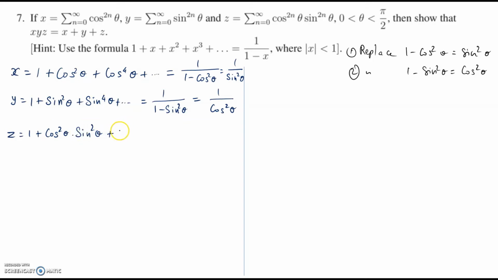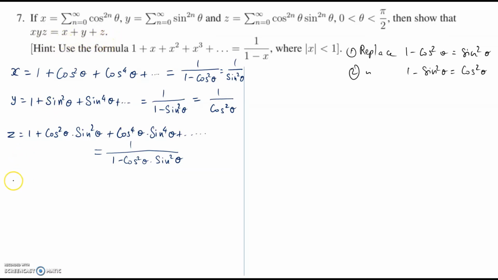Similarly, when n is equal to 2, it will be cos to the power 4 theta, sine to the power 4 theta, and so on. So this can be written as 1 by 1 minus cos squared theta sine squared theta. So that's our z. Now we need to prove that xyz is equal to x plus y plus z.